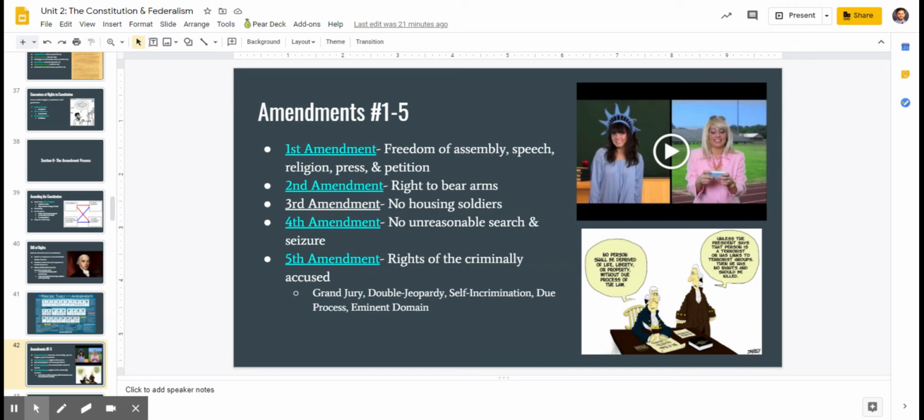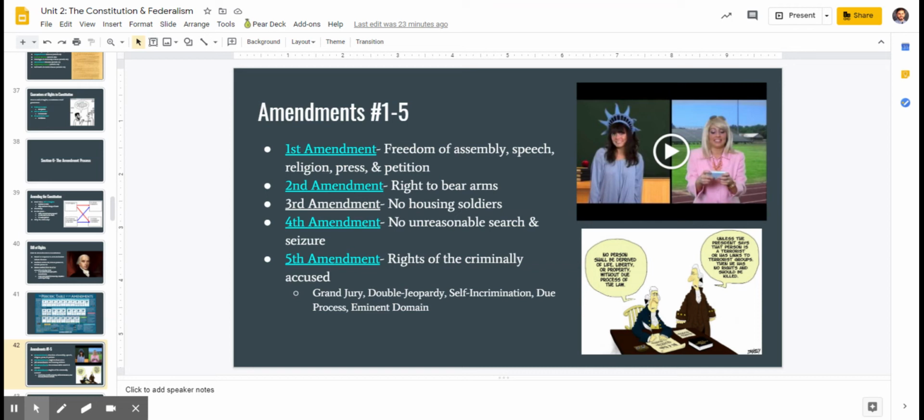It's 5 freedoms. They are the freedom of assembly, or right to assemble peacefully, amongst fellow citizens. There's the freedom of speech, right? The government cannot create laws that prevent your freedom to speak freely. Freedom of religion.